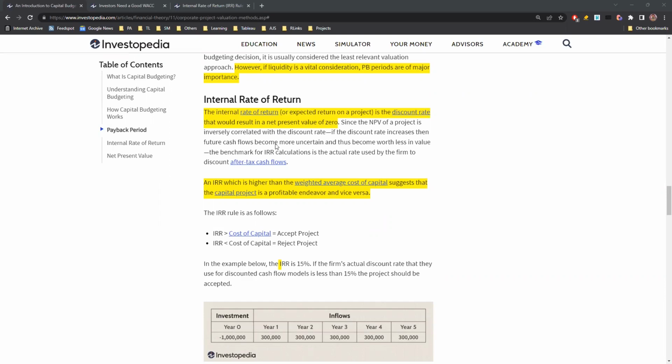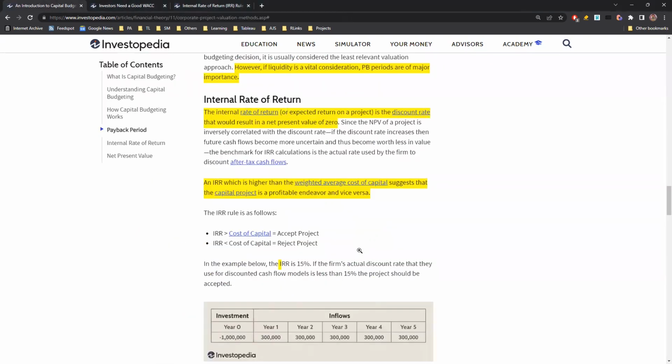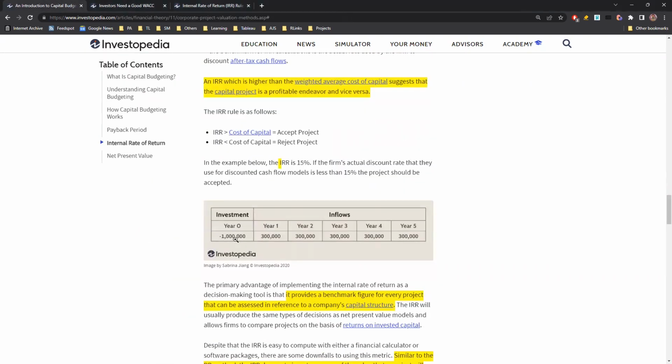So here internal rate of return is again a different formula. Let me come here. Assume you have a similar structure of cash flows: invested 1 million at year 0, and we are getting 300k for the 5 years following.